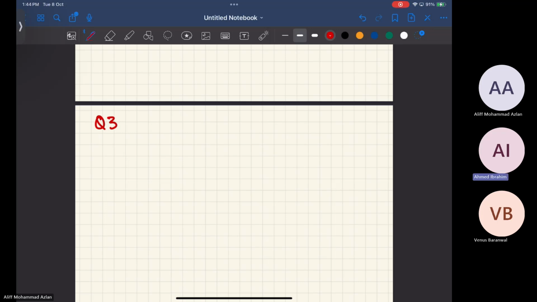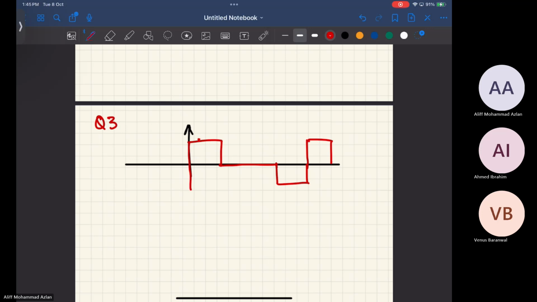So this is giving us a graph and asking us to find the Fourier series. I'll just sketch the graph first. And then this.